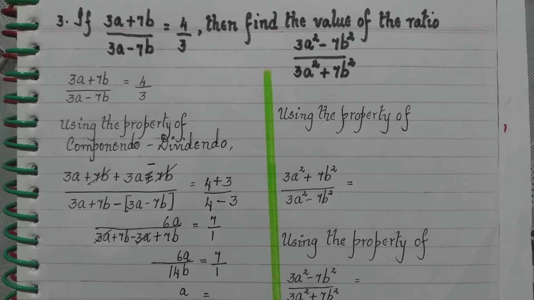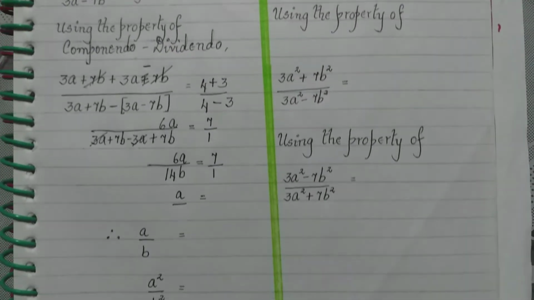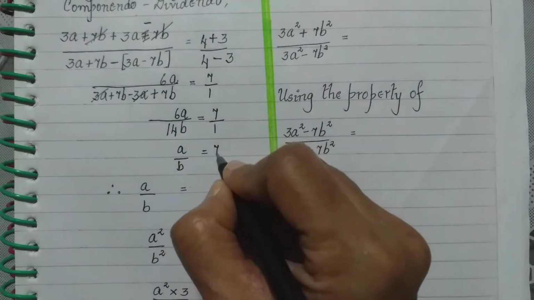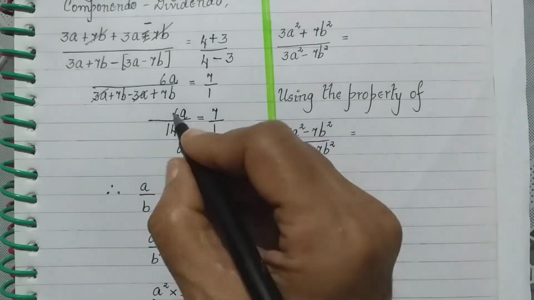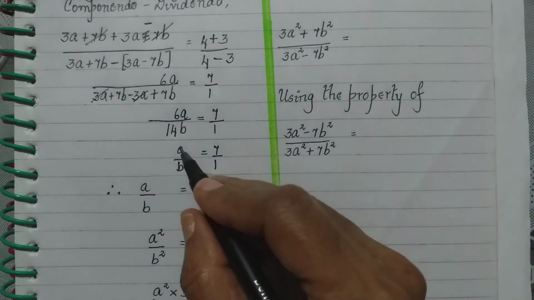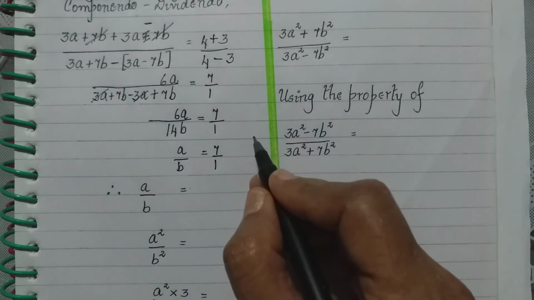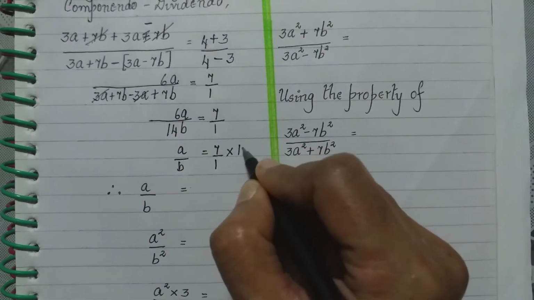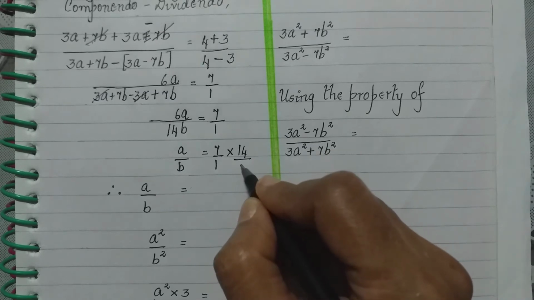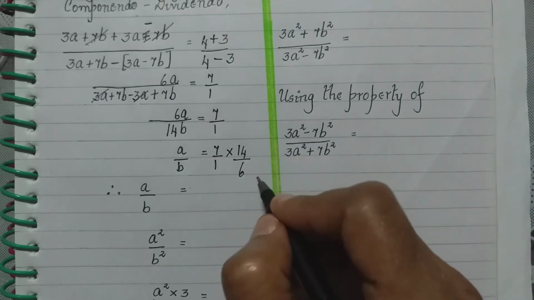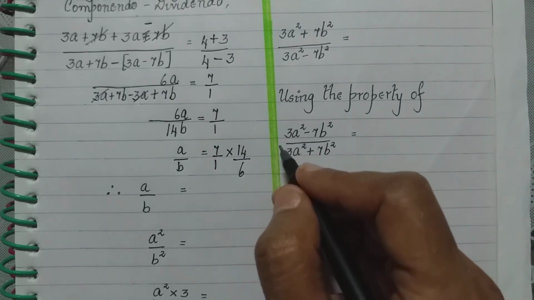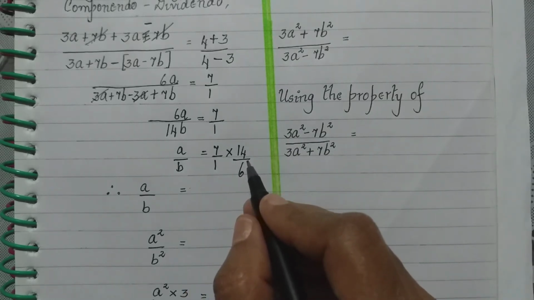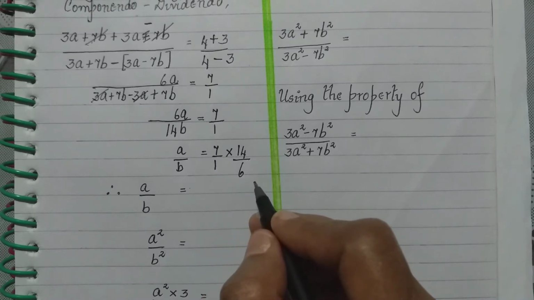So if I were to find what is a by b, then I have to leave what is on the right hand side as it is, and this 6 upon 14 I have to move to the right hand side, and that time it becomes the reciprocal, that is 14 upon 6. So here we have 7 into 14 upon 1 into 6.